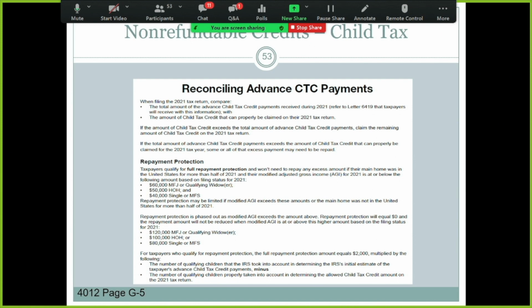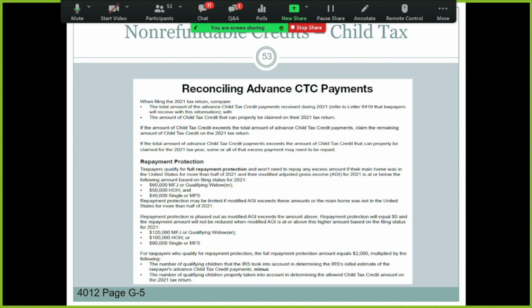Now this is new for this year. Just like the stimulus payments had to be reconciled on the tax return, the advanced CTC payments have to be reconciled on the tax return.